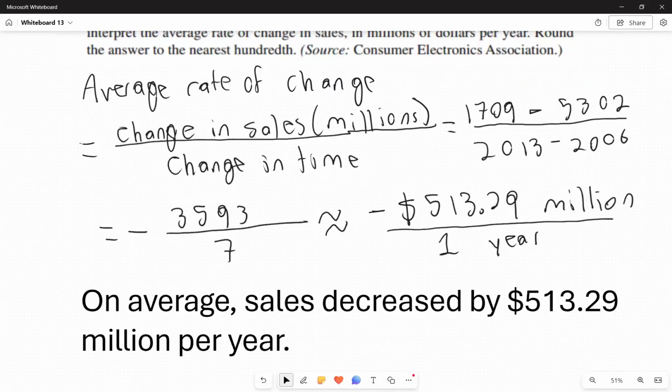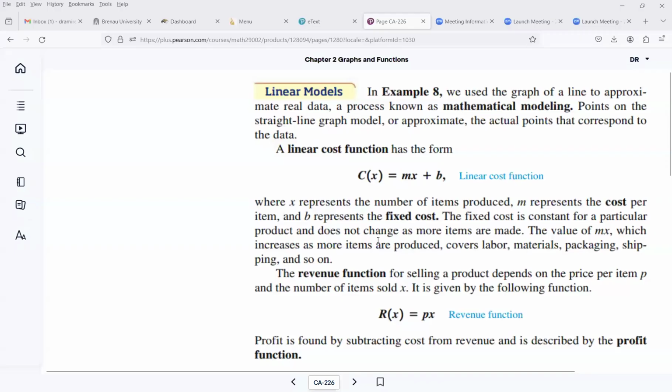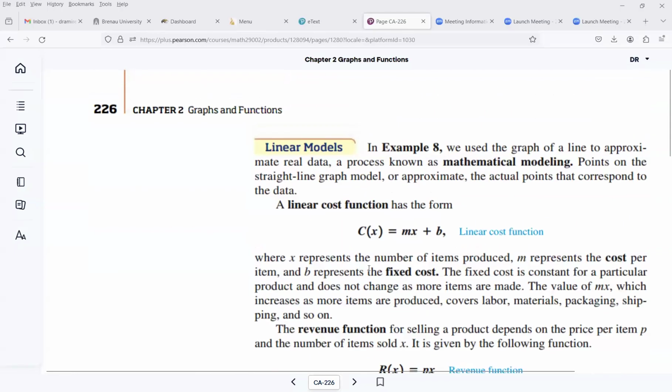And the last application will be to cost, revenue, and profit. We're going to read this in the book. A linear cost function has the form C of x equals mx plus b, where x represents the number of items produced, m represents the cost per item, and b represents the fixed cost.